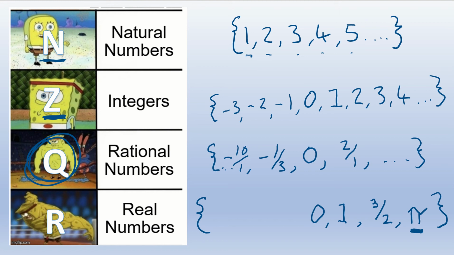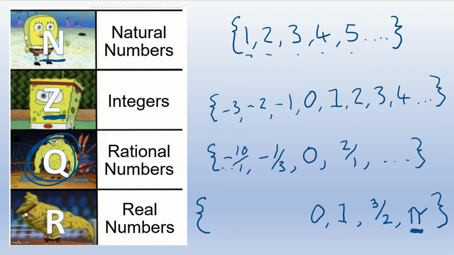Also, E, if you find that on your calculator and if you press enter, it's like 2.71, I think. But that is a decimal that keeps on going as well.